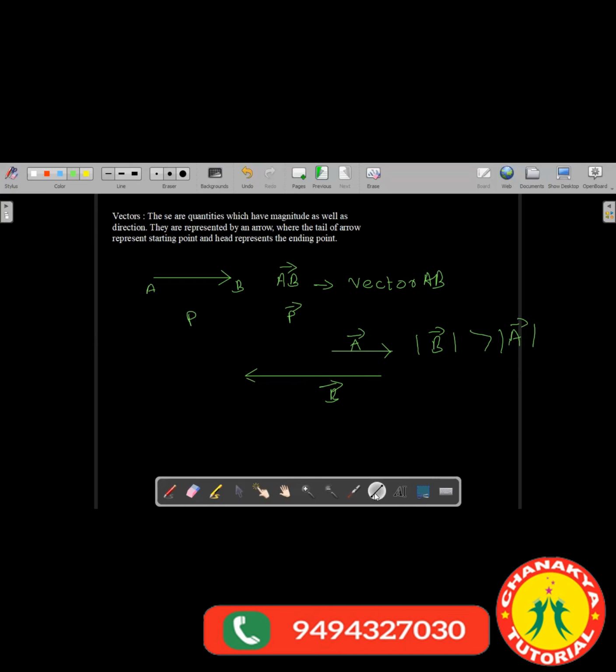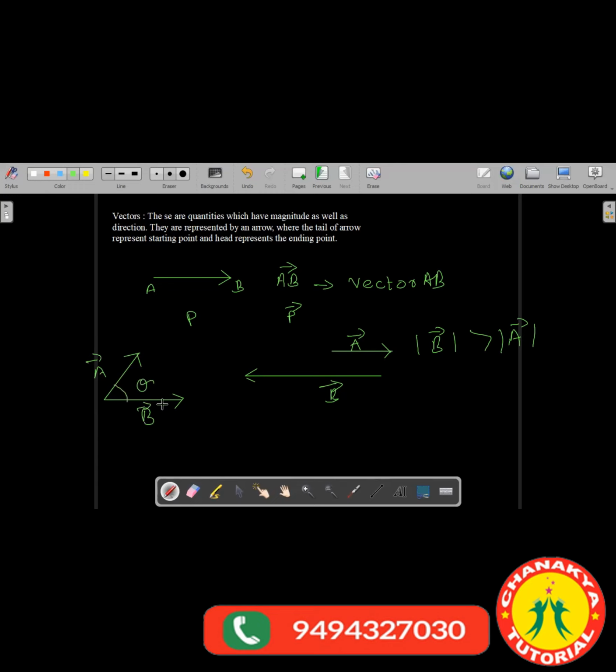Or if the vectors are aligned in a plane, making some angle with each other, I can say it like this. Suppose they are like this, then vector A and B are making a certain angle theta with each other.